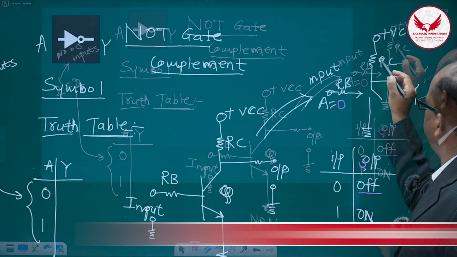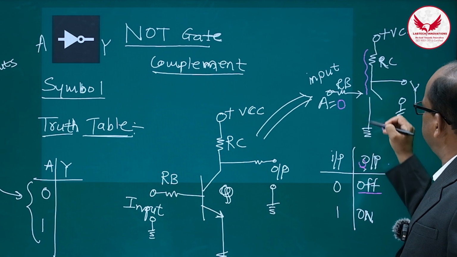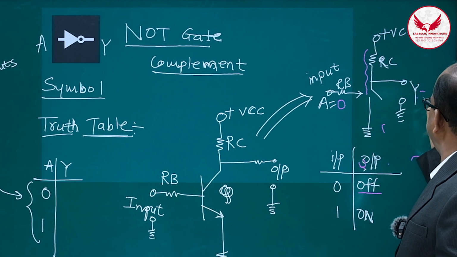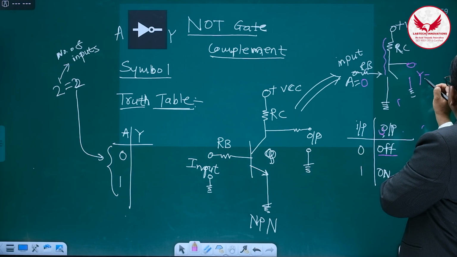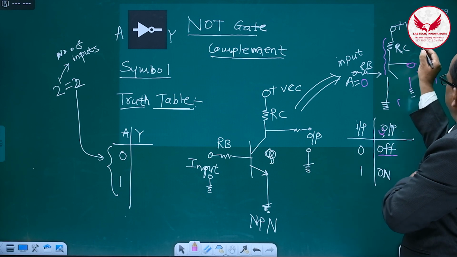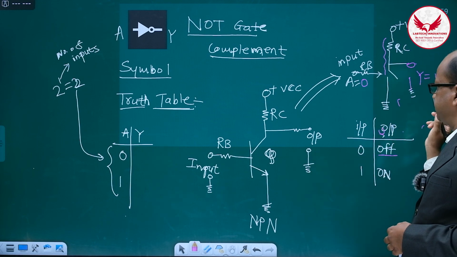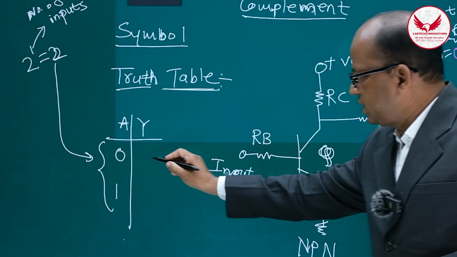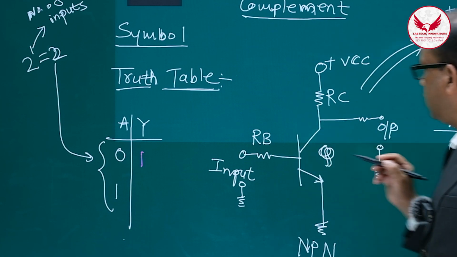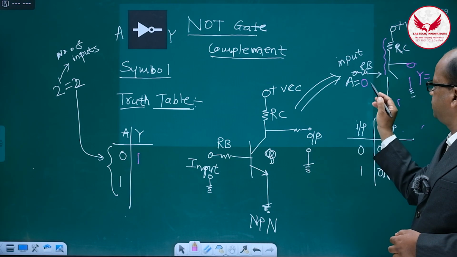So there is no path for the current to pass towards the ground. So I'll get the output Y as 1. Why is it 1? Because it is connected to VCC. Actually this 1 is nothing but VCC. In this way, if I apply the input 0, I'll get output 1. As I said, it is a complement of the input.